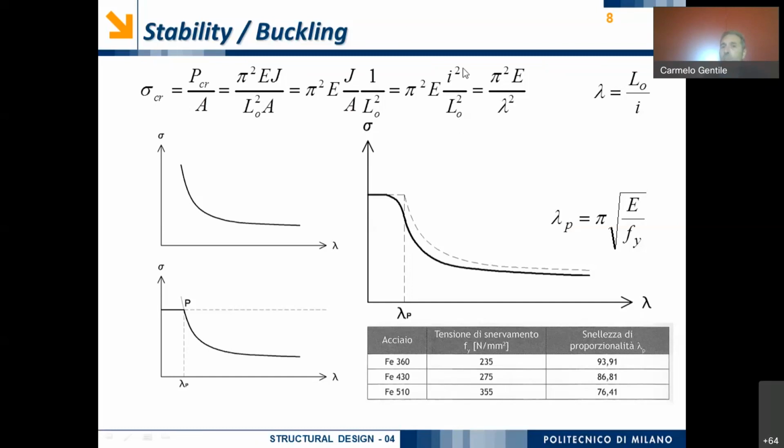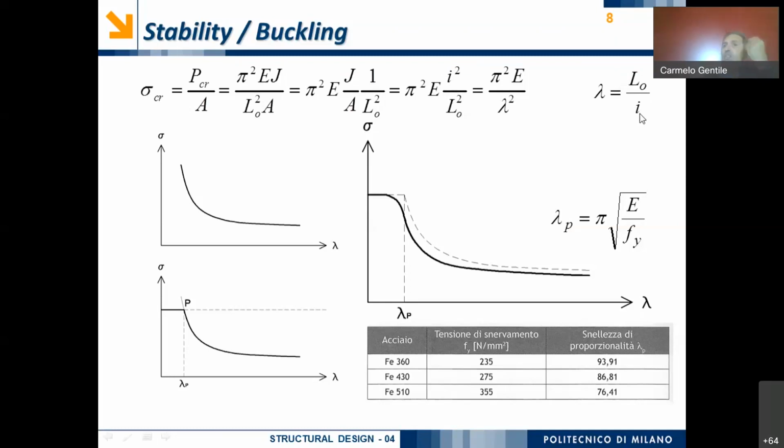And so from the knowledge of the cross-section, from the knowledge of the length and of the effective length, so including also the constraint condition, I can obtain this number. Generally, this number is denoted as slenderness. The slenderness indeed is the ratio between the effective length and the inertia radius.